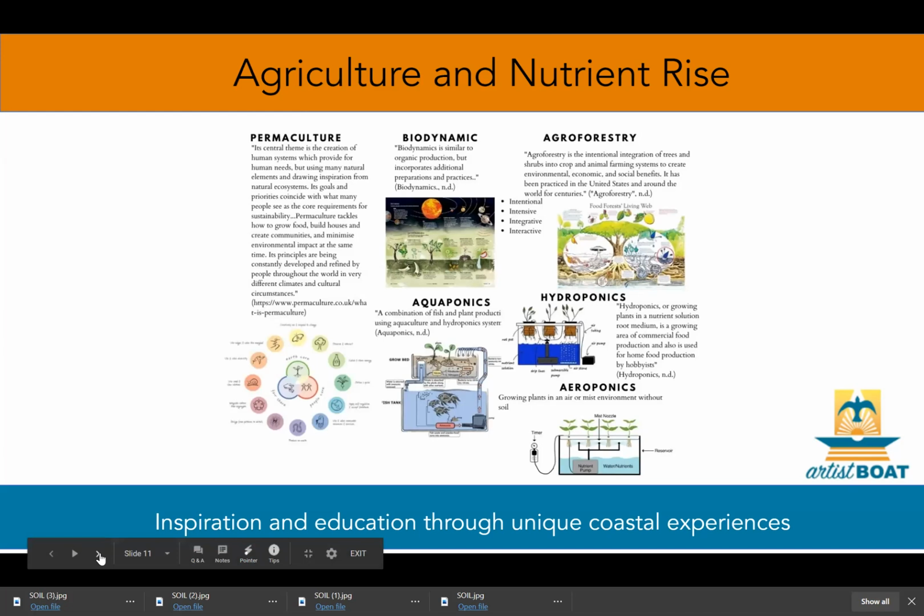One thing to look at is different methods of farming styles. So listed on this slide are a couple different techniques. Permaculture, biodynamic farming, kind of along the same vein, also sometimes known as indigenous styles of growing food.